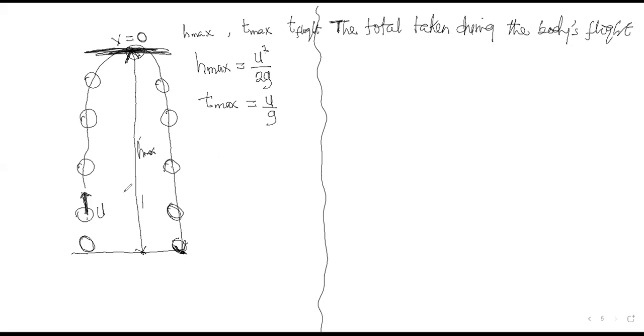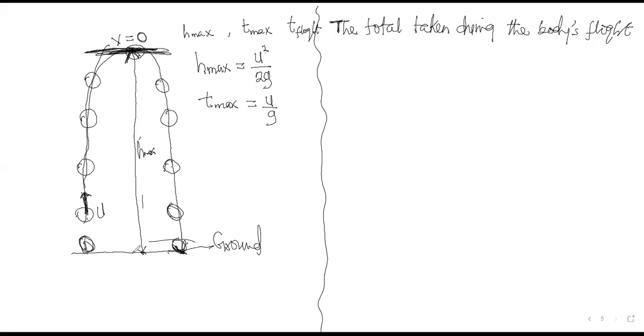What do we mean by flight? The motion started from here, moved, got to the maximum height, and then dropped to the ground again. So this is the whole flight. The shape represents the flight of the body. So time of flight is the total time taken during the whole motion of the body, from moving from the ground, reaching the maximum height and falling back.